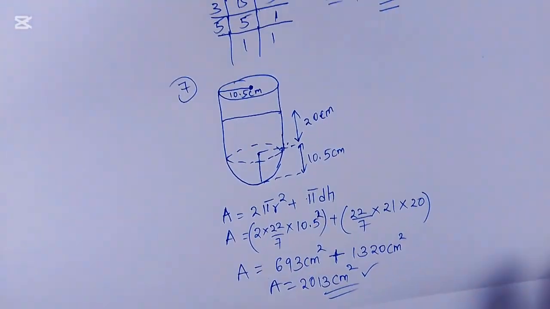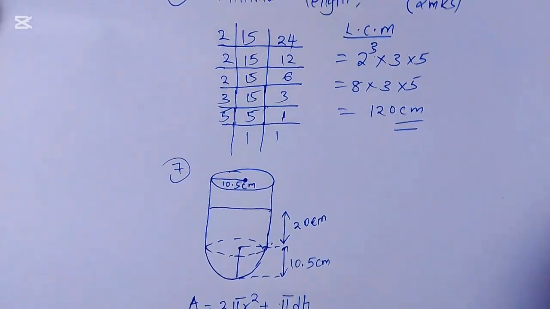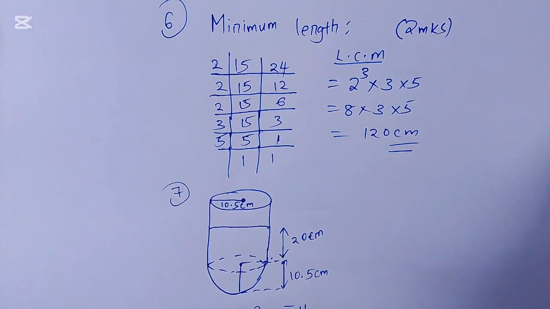And by doing question number 1 to question number 7, I think we will be done. Yes, we are done. So that is the end of our session. So from question number 1 to question number 7, that was what was expected to be done in last year's KCSE examination.